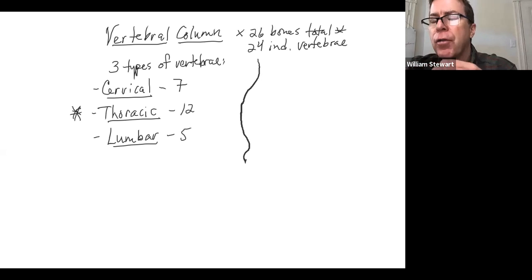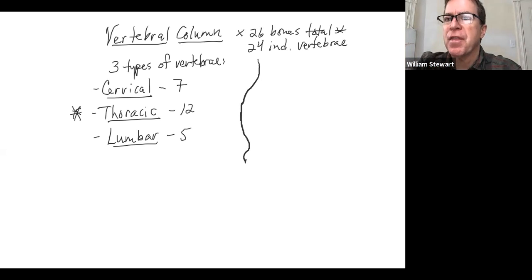Whether or not we call the curve convex or concave, I'm not going to list those because different books call them different things depending on what side you look at. So if from the front, this would be anterior and this is posterior to the body. So from the front of the body, this would be convex.